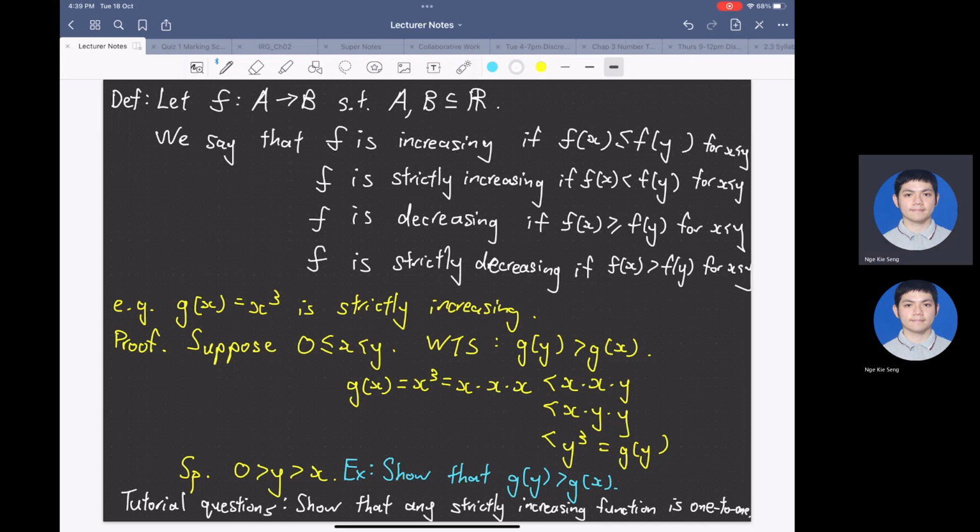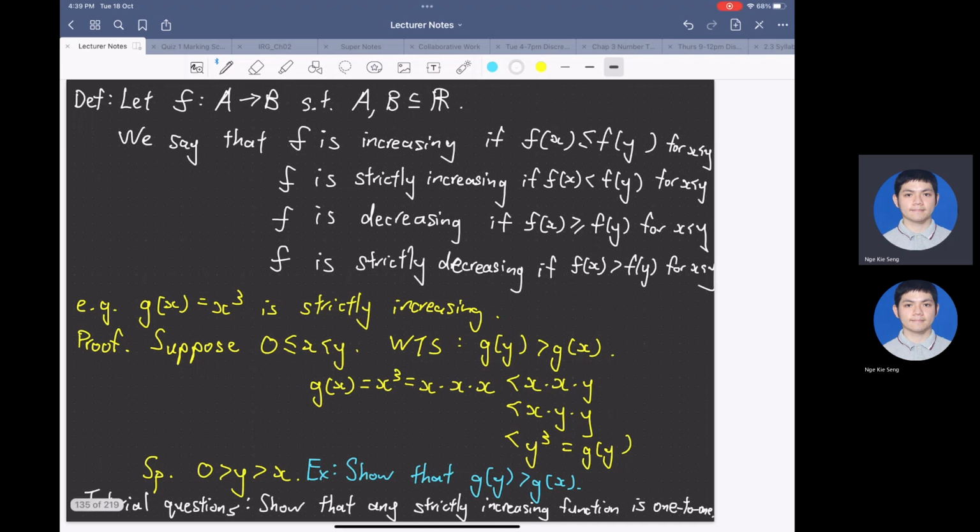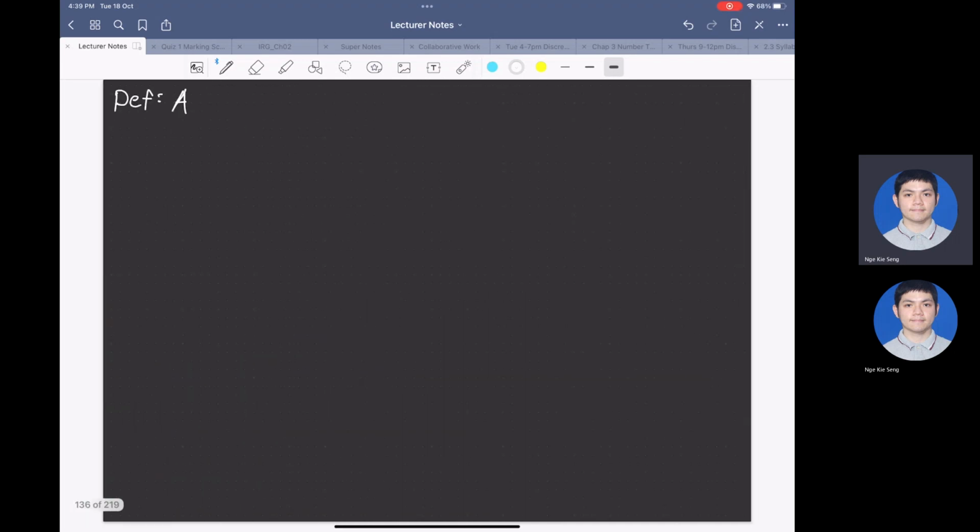Okay, after you check 1-to-1, next thing, the second property is we want to know if it is onto, because we know that the range is a subset of the codomain, right? So we wonder if we can reach all the codomain.